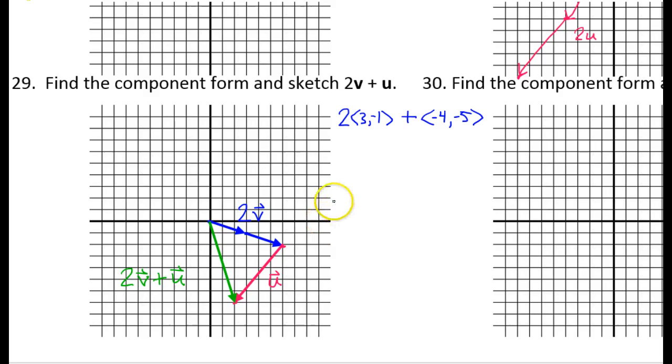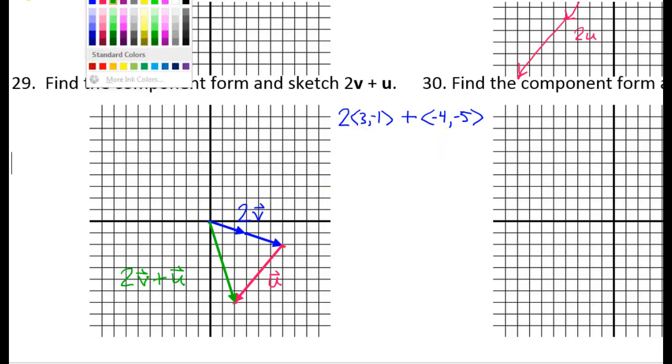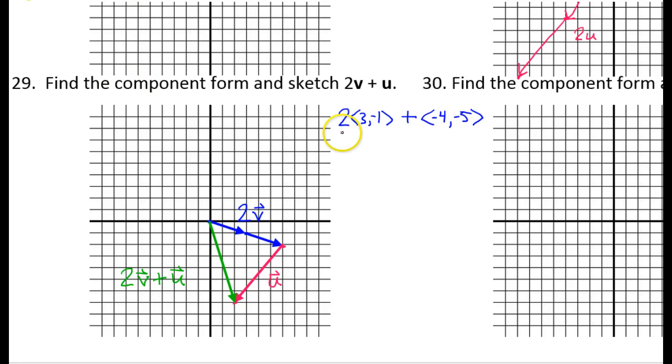All right, now let's do it algebraically. If I do 2 times vector v, that should be 6 comma negative 2, and then plus negative 4 comma negative 5, and then adding the corresponding components, I'm going to get positive 2 comma negative 7.